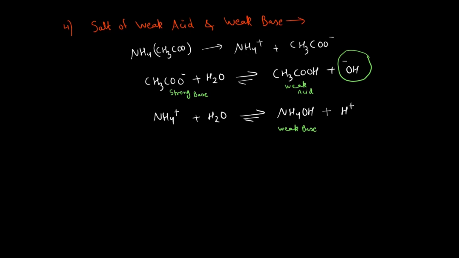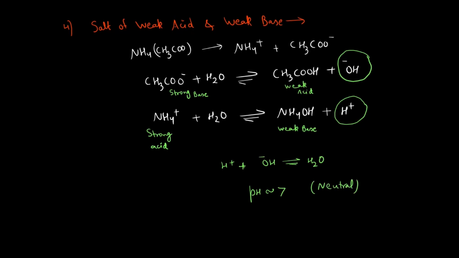Its conjugate will be a strong acid, and as we know that the equilibrium lies towards the weaker conjugate, so equilibrium will be towards the right hand side and we will have more H plus ion concentration. So H plus ion will react with OH negative ion to give us water, neutral. Therefore the pH of this solution will be nearly equal to 7, almost neutral. So if we dissolve a salt of weak acid and weak base in water, we will get a neutral solution.